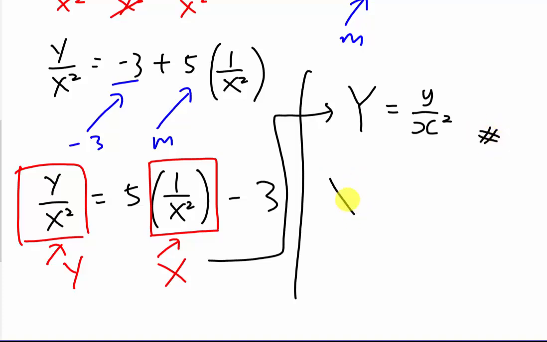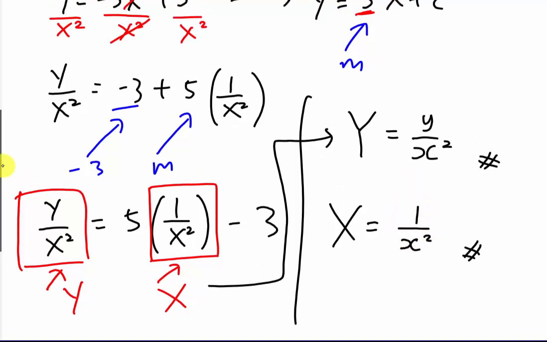And then capital X equals 1 over x squared. The question wants you to express capital Y in terms of small y and small x, and also to express capital X in terms of small y or small x, but in this case we only have x. We do not have y in the equation here.